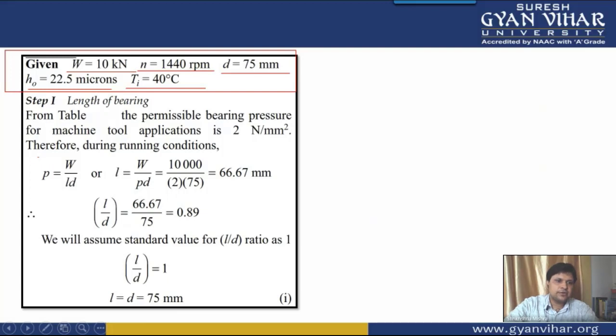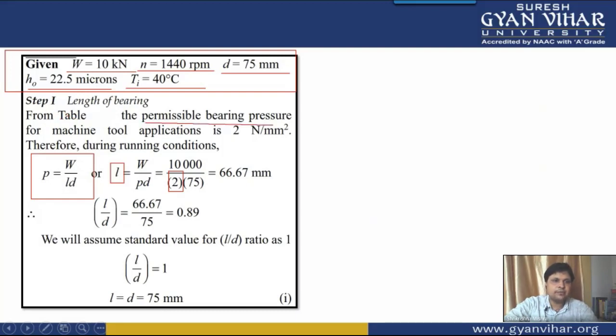First of all, based on this load value, we will find the bearing pressure, the unit pressure, which is given by W by LD. This will give you the length of the bearing, L equal to W by P into D. P is not given in the question, but from the table we will find this value.